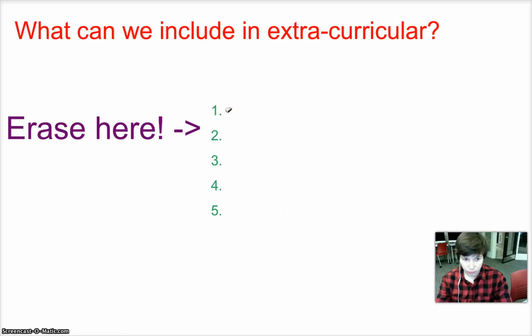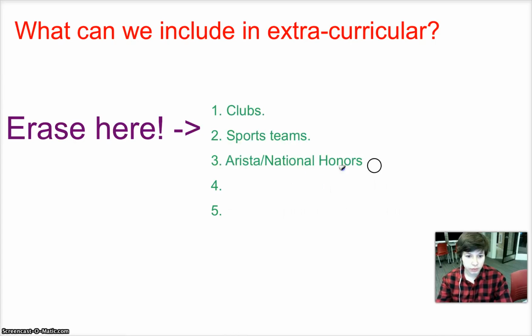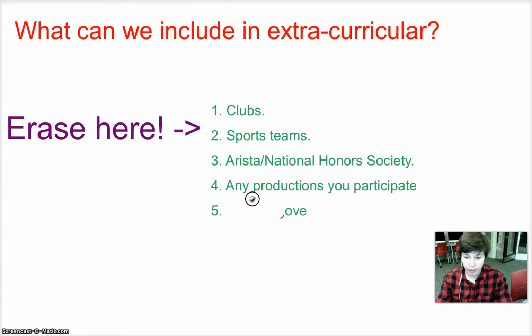So you should include clubs, sports teams, if you're part of ARISTA or National Honor Society, any productions that you've participated in, if you're theater, choir, any kind of band, and if you've had any student government positions. It's important to have at least some of these things because they'll show the colleges and programs you're applying for that you are a well-rounded student who's active in their school's community.